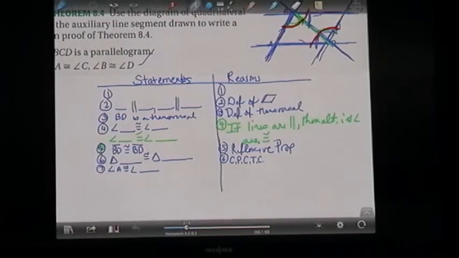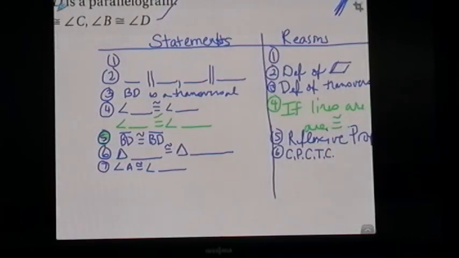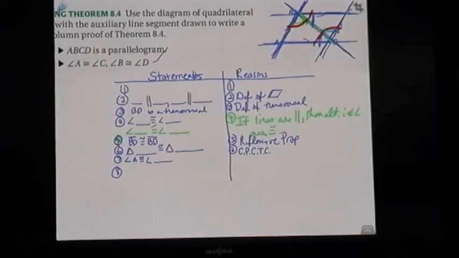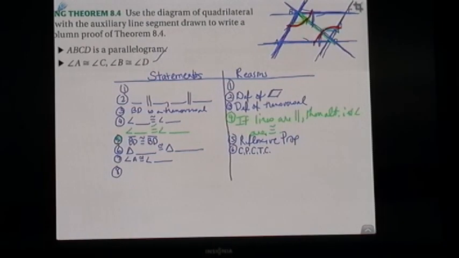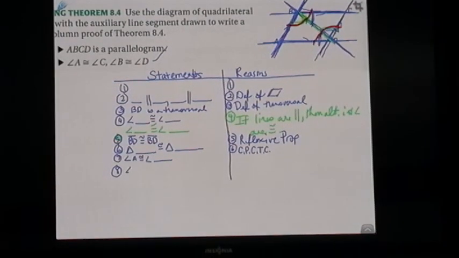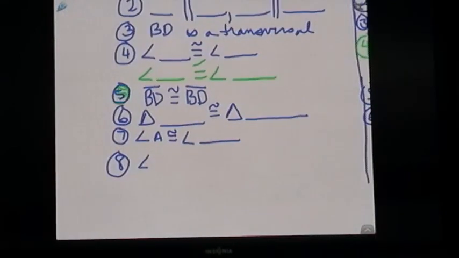Okay, so number 8, we're going to go back to these angles up here, and we're going to use the angle addition postulate first. We're going to say that we know that angle ABC is equal to some angles added together.